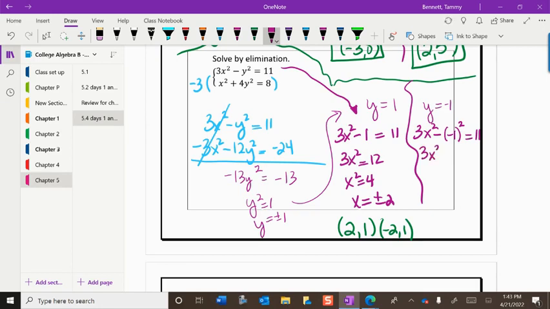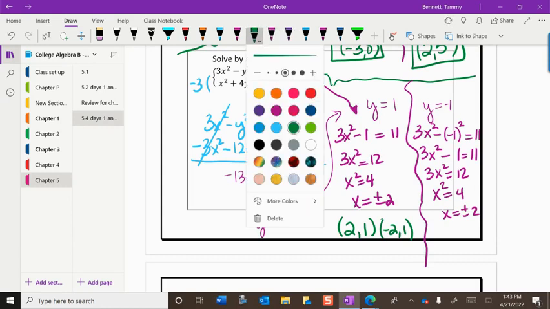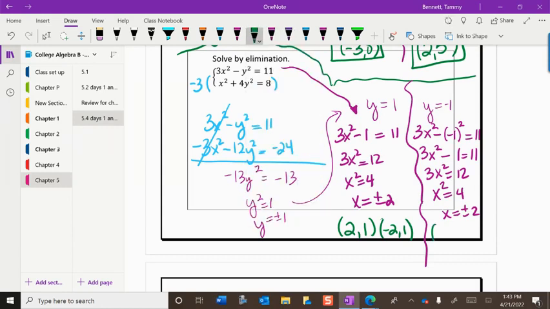So this is still 3x squared minus 1 equals 11. So it looks like I have the same answer. 3x squared is 12, so x squared is 4, which means x is plus or minus 2. So my solutions this time are when x is 2, y is negative 1, and when x is negative 2, y is negative 1. So this one has 4 solutions.